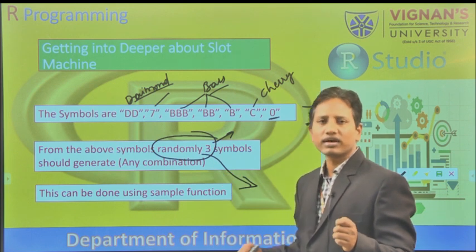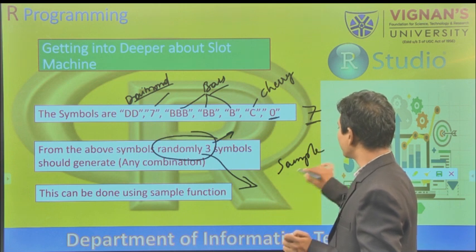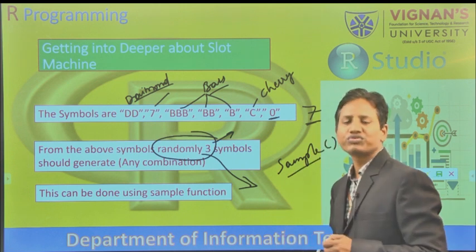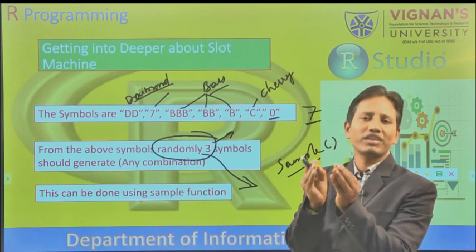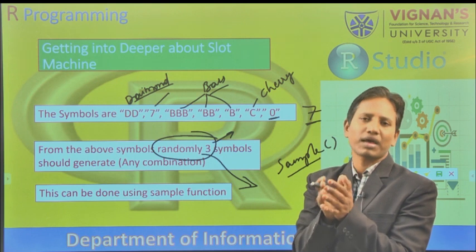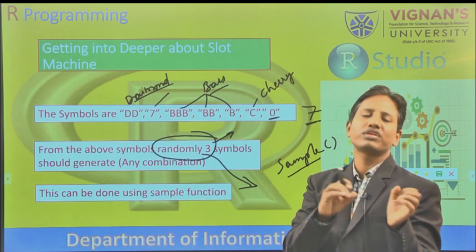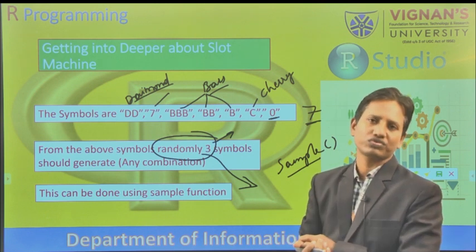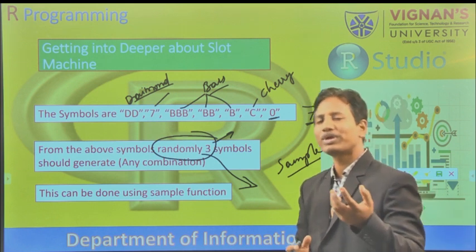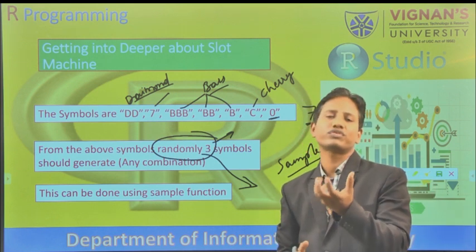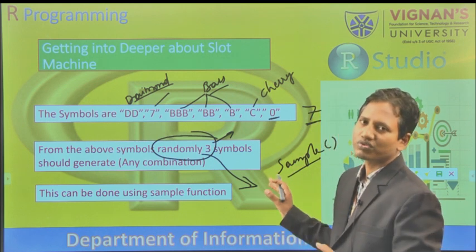We have already learned a function called sample. This sample function takes a set of population and the number of values you want to identify, that is the sample, and out of this population it returns some set of values randomly, and here we can mention the probability of the values also. This is how the sample function is going to work.